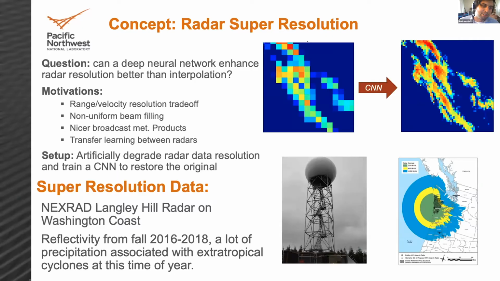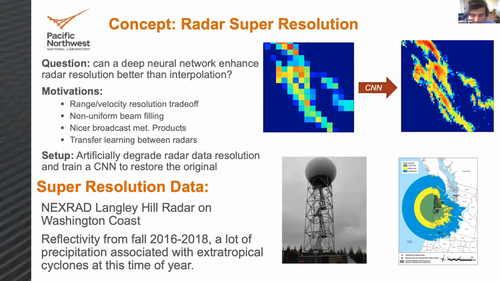Some possible motivations are to try to combat the range velocity resolution trade-off in Doppler radars, to do non-uniform beam filling, so combat the fact that the radar resolution drops off with distance from the radar, just to produce nicer looking broadcast meteorology products, and to potentially do transfer learning between radars where we train a neural network on a higher resolution radar and try to apply it to one that operates at lower resolution.